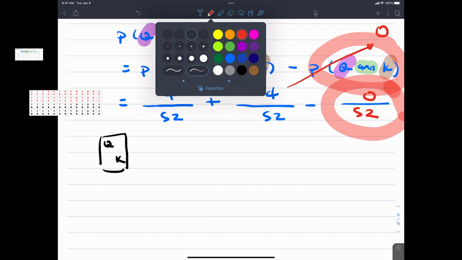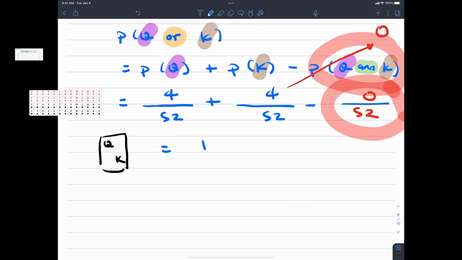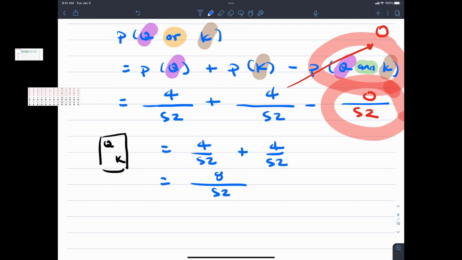So what you're really doing is taking 4 over 52 plus 4 over 52. And what does that equal? It'll be 8 over 52, because you have the same denominator. There are no queen king cards.